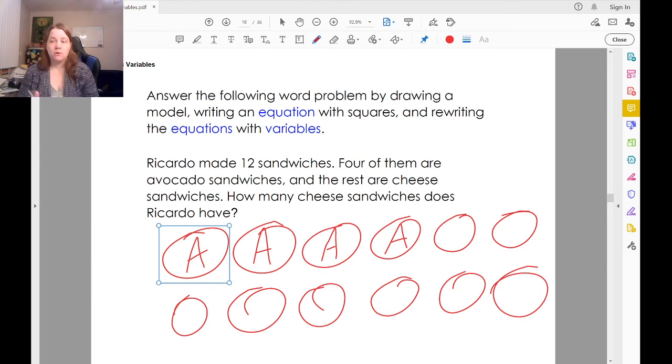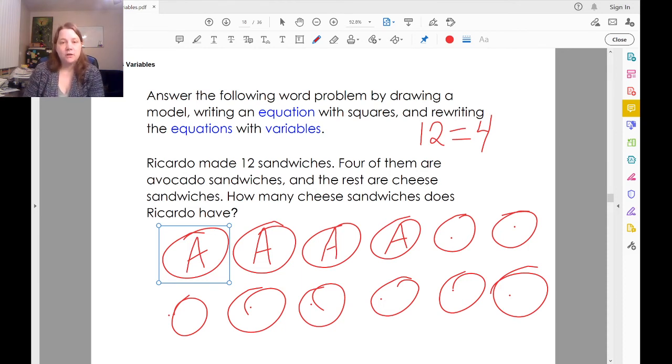So we could draw the picture and then we could go through and try to figure out, oh, how many of these left are cheese? We could count. But we're not going to do that. We're going to go ahead and make an equation. So what we know is that Ricardo made 12 of these sandwiches. There are 12 total. And in those 12 total, we know that 4 of them are guaranteed to be avocado.